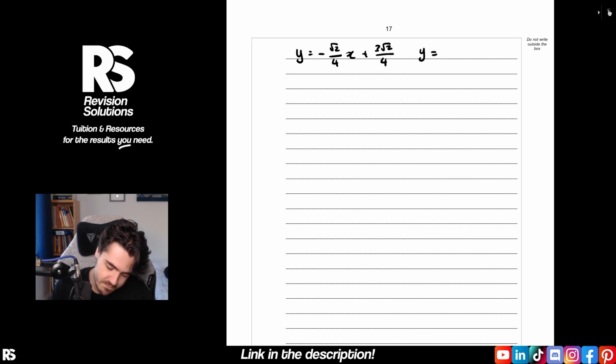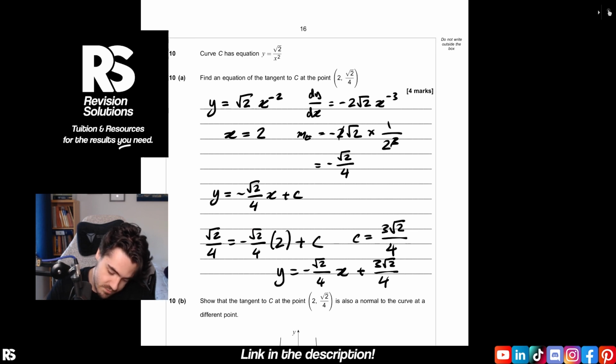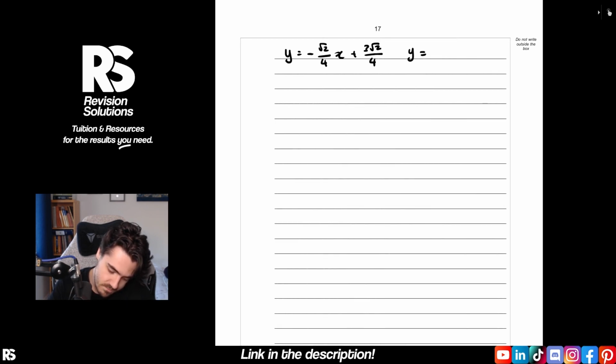And the equation of our curve was y equals root 2 over x squared. I would solve that simultaneously just by substituting out the y's. So root 2 over x squared must equal minus root 2 over 4 x plus 3 root 2 over 4.